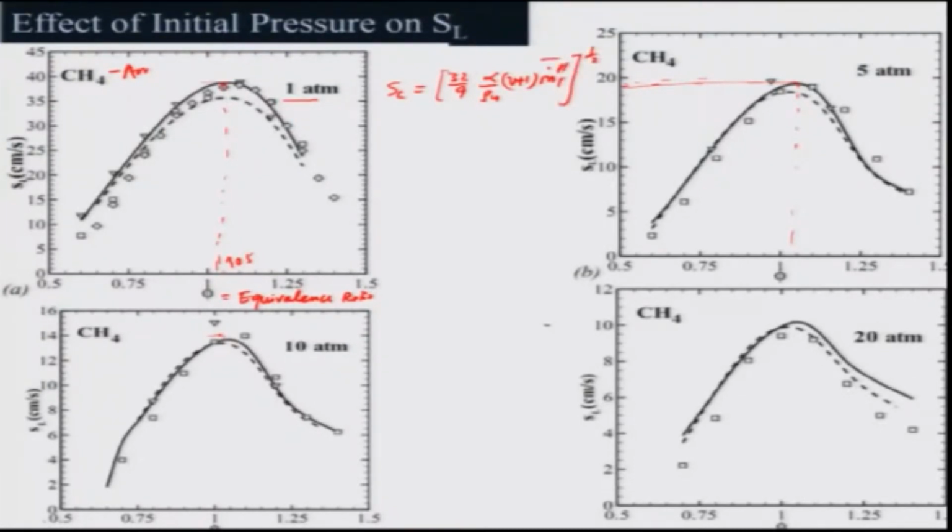We know that this mass burning rate of the fuel on average can be modeled using a single step chemistry, that is MWF, AF, the pre-exponential factor, CF to the N1, C oxidizer to the N2, and exponential of minus E by RuT, where E is your activation energy.